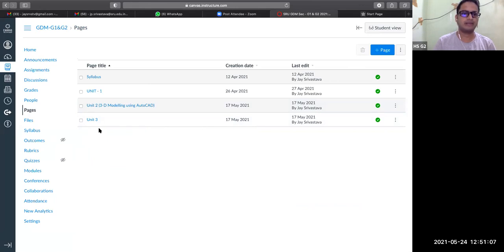So I will create one unit number 4. In unit number 4, I will upload the slide that I have explained today, and I will also upload the video link, today's class recording, and one separate page I will create here as textbook. In that textbook page, when you click, you will get that ND Bhatt engineering drawing.